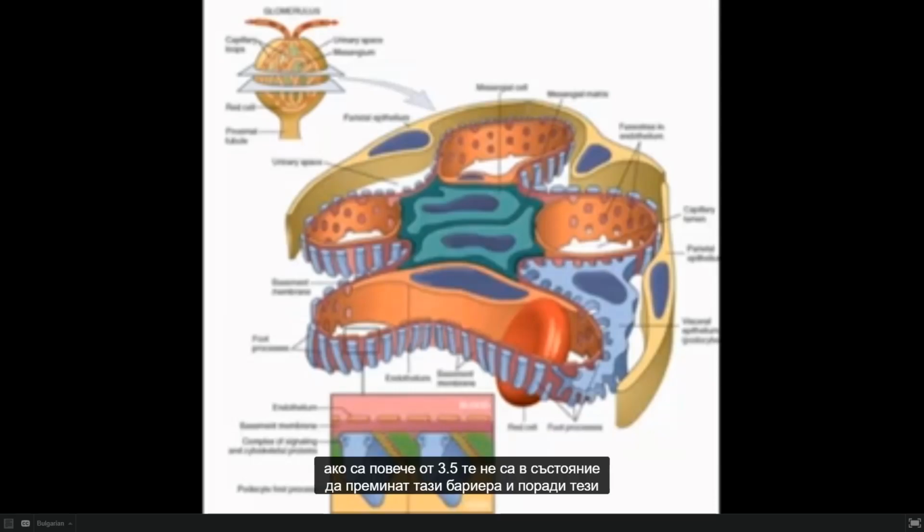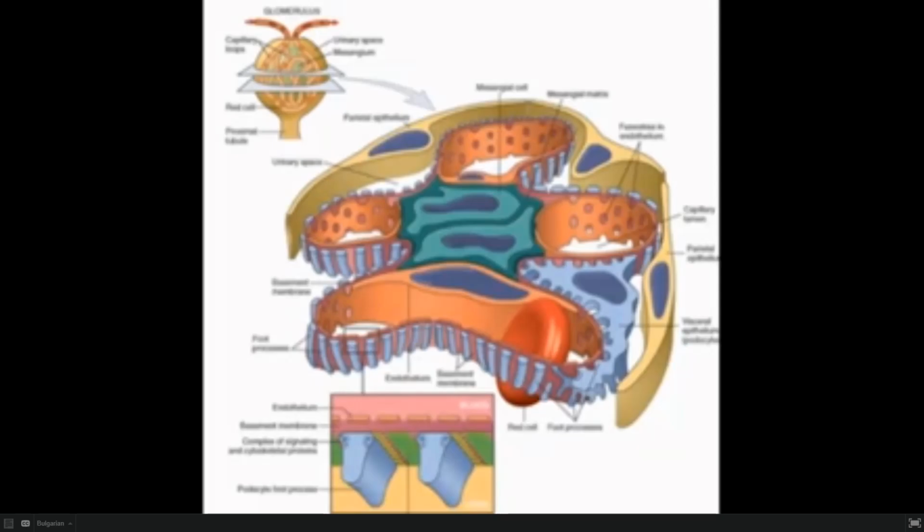More than 3.5, they are not able to cross that barrier. And because of that shielding of different layers, the blood flow is actually protected from losing important molecules out of the body.